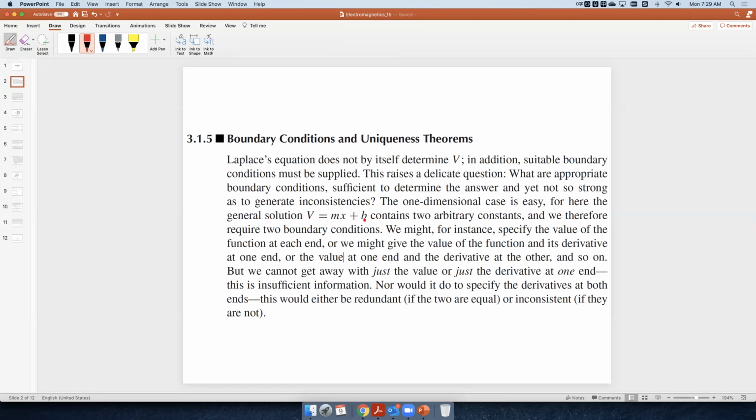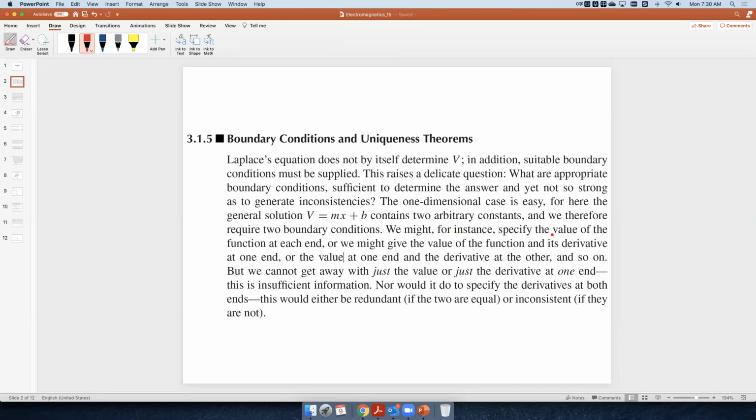This is an equation for a line. So to determine the equation of a line, or the specific solution for your Laplace equation, you need two specific values.